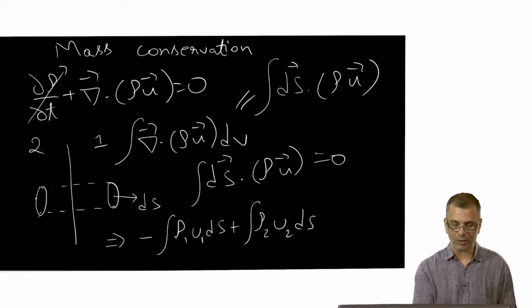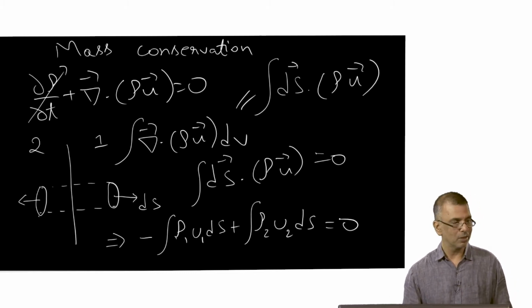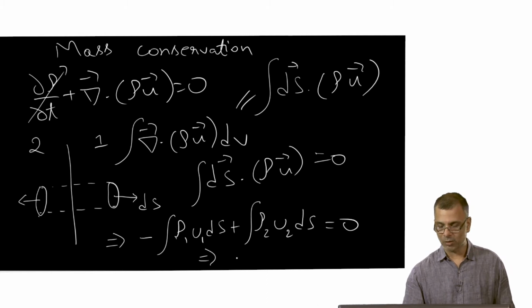Why the minus? Because the ds here is facing one way and the ds there is facing the other way. This equals 0, which gives you rho 1 u1 equals rho 2 u2.